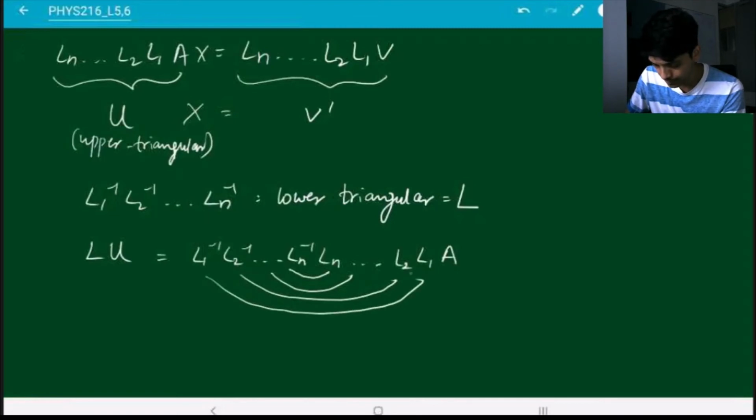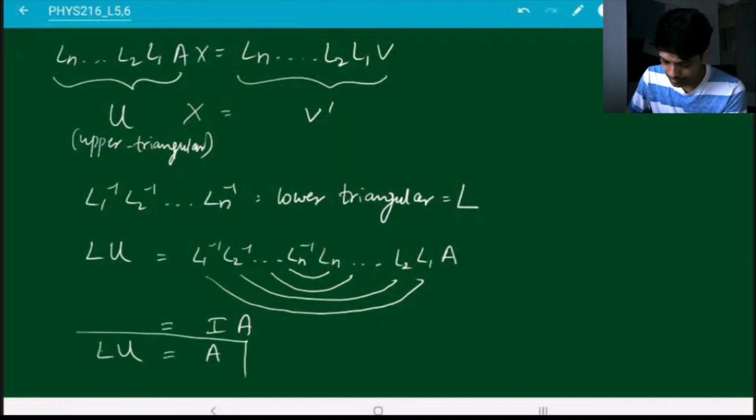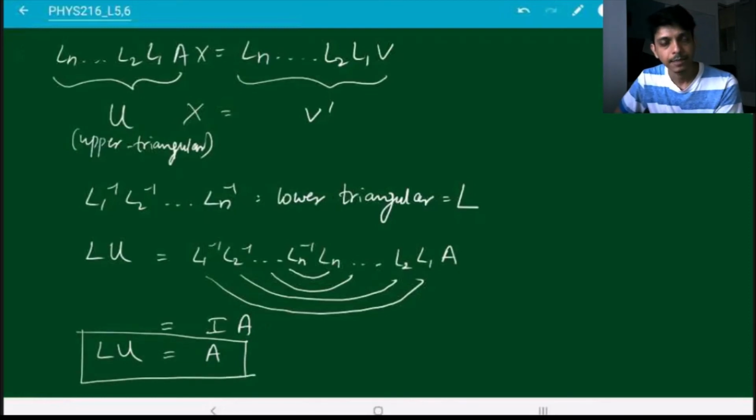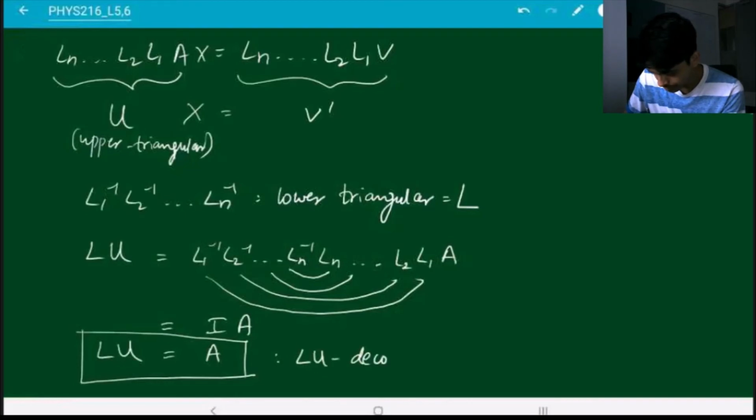L1 inverse L1 becomes identity. In the end, you are just left with A. So we've written the matrix A as a product of a lower triangular matrix and an upper triangular matrix. This is always possible. You can always decompose your matrix A into a lower triangular and an upper triangular. So this breaking up of the matrix A is called the LU decomposition of a matrix.